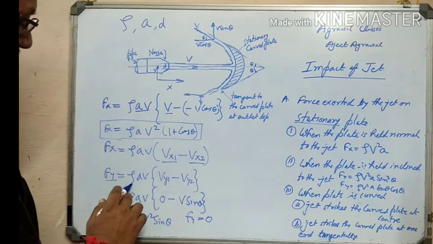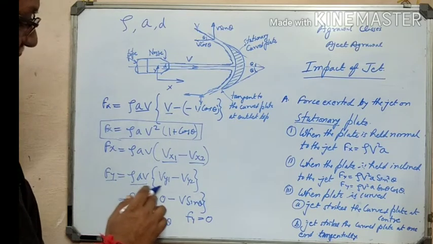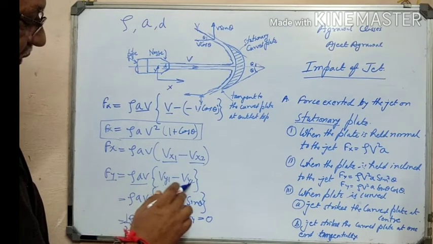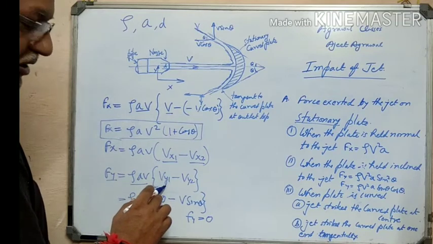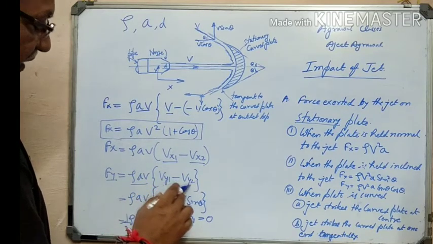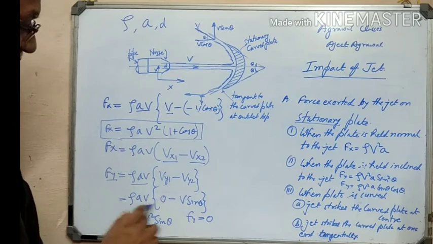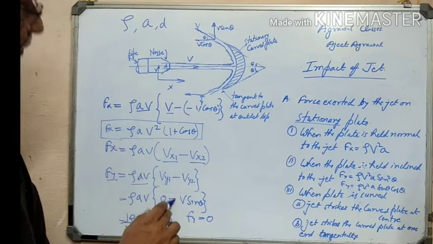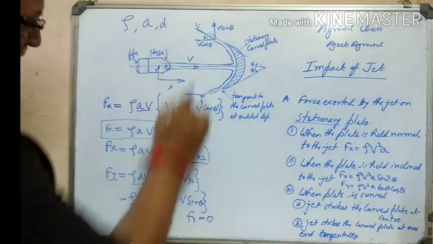Fy equals mass flow rate multiplied by Vy1 minus Vy2, that is, initial velocity in the y direction minus final velocity in the y direction. So initial velocity is 0 and the final velocity is v sin theta.